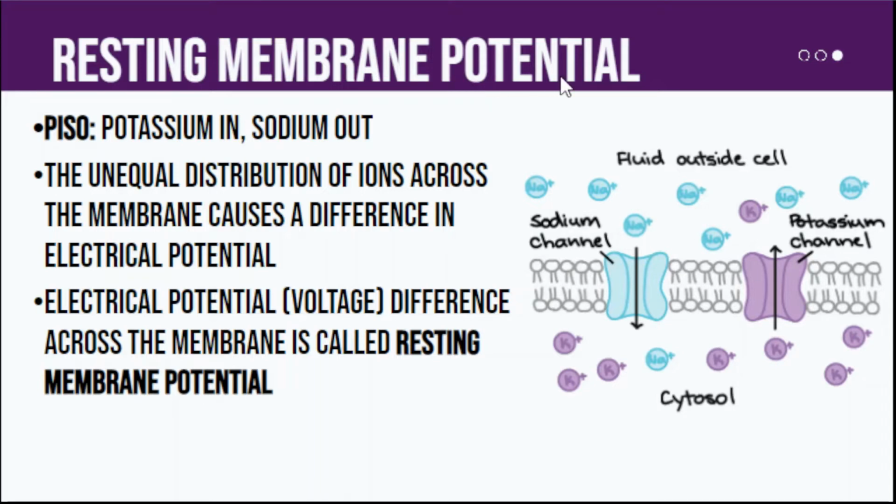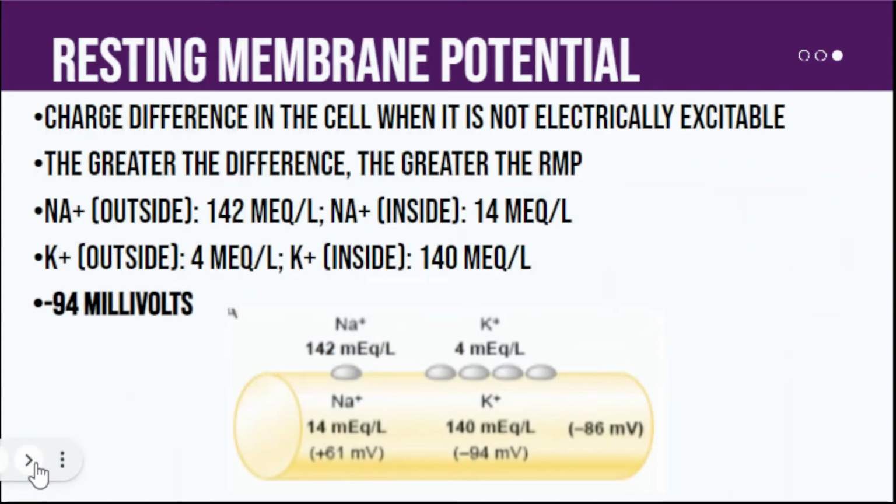So basically, when we say resting membrane potential or RMP, it is the electrical potential difference across the outer and the inner part of the cell membrane. Now, this is the charge of the cell when it is relaxed, when it is not being excited by any stimulus. And the greater the difference in the amount of sodium and potassium, the greater the RMP.